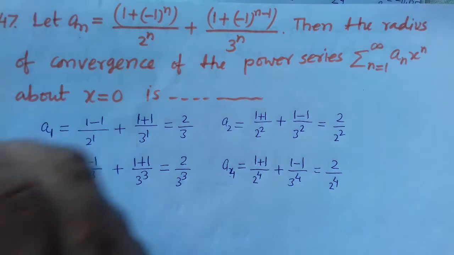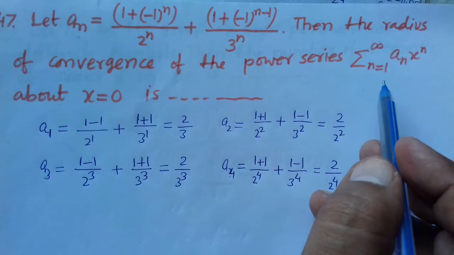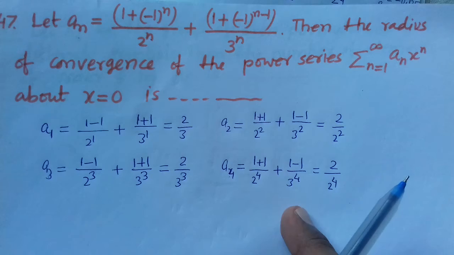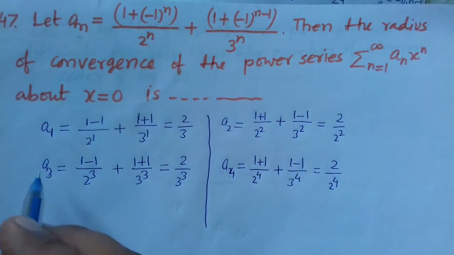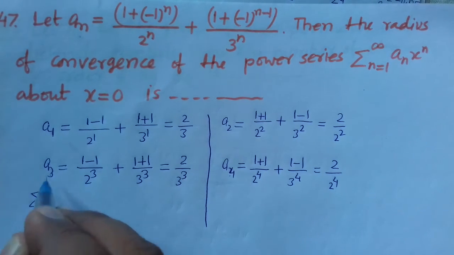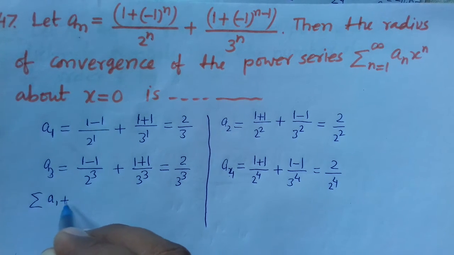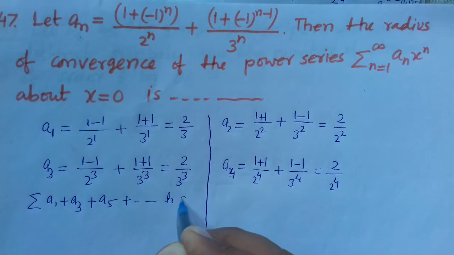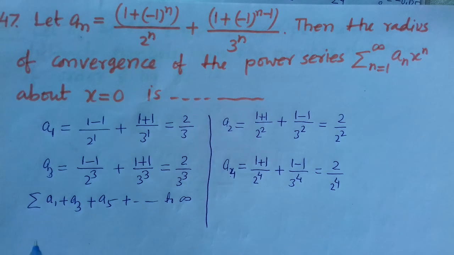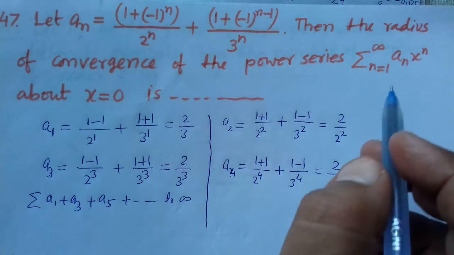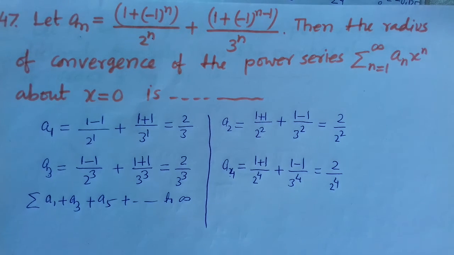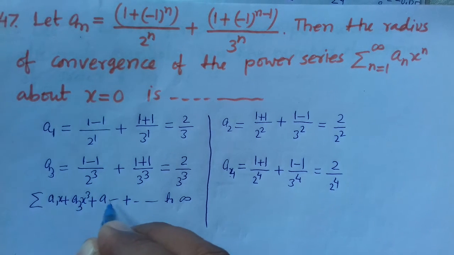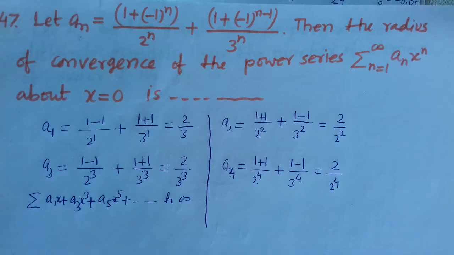Now the summation will be the sum of these terms and the sum of these terms. So let us get the sum of these terms: a1 plus a3 plus a5 to infinity, and here you see x to the power n, so we have to put x cubed, x to the power 5, and so on.